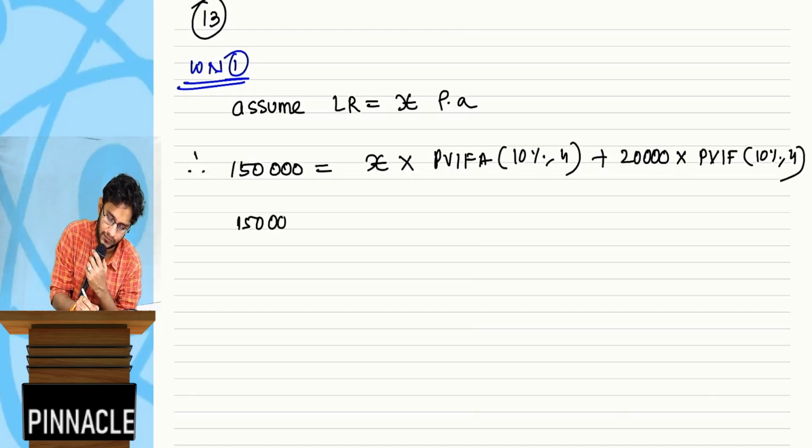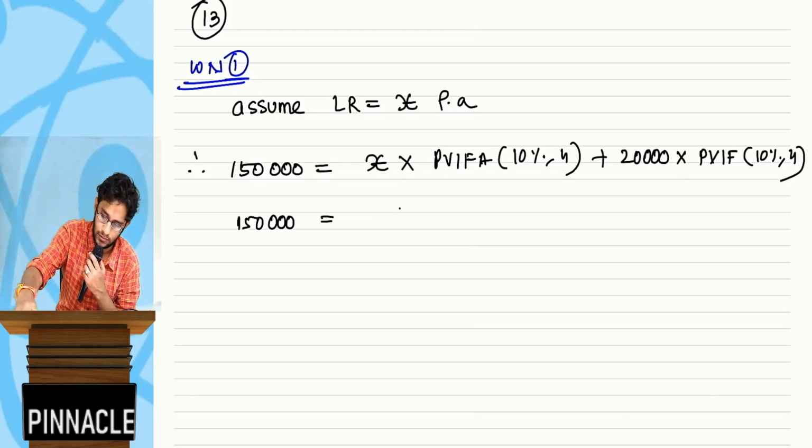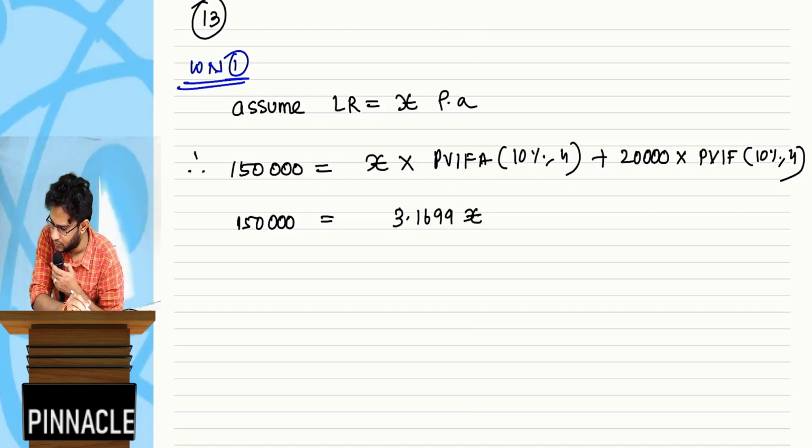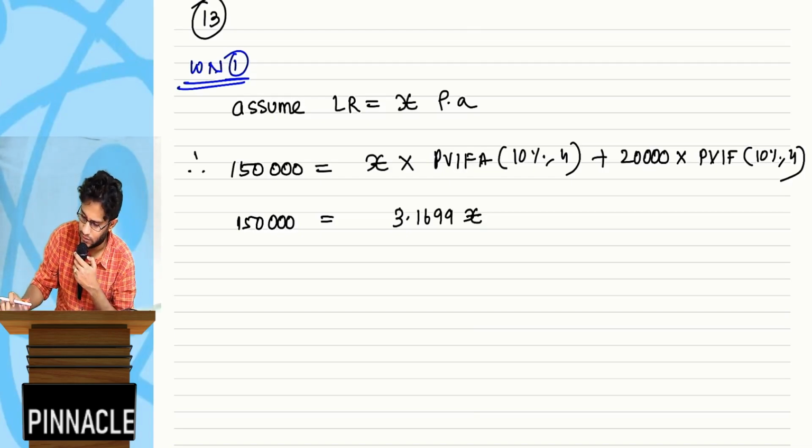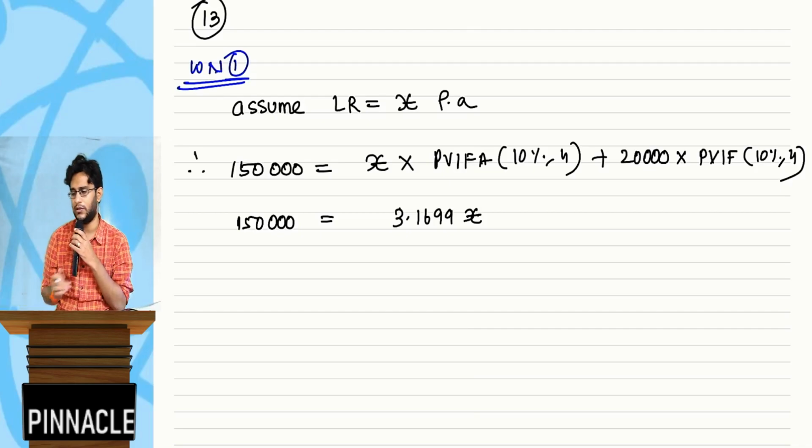PVIFA is 3.1699. If I do 1 divided by 1.10, first year, second year, third year, fourth year, and total, it is 3.16986, so 3.1699 only.